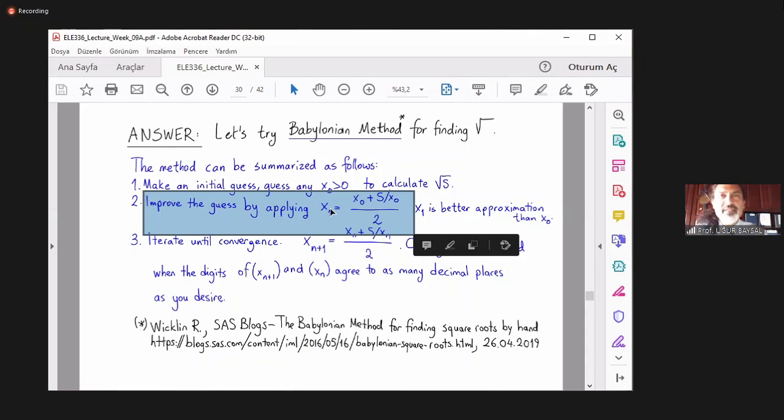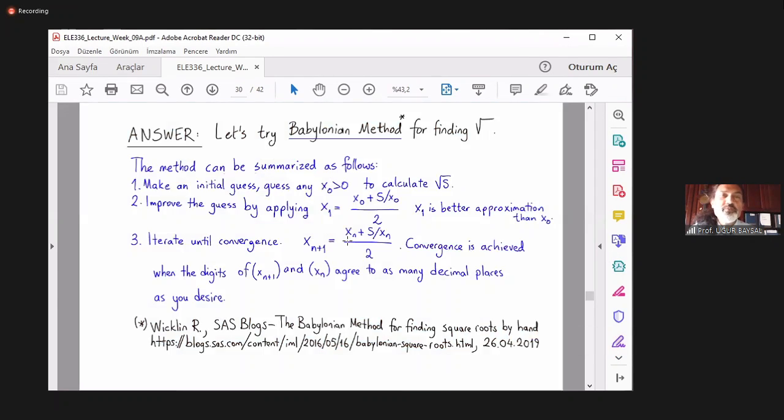So x1 is, according to the Babylonian method, a better approximation. Then you use this x1 to obtain x2. So this is the so-called iteration formula. The iteration n plus 1 is obtained by using iteration n.